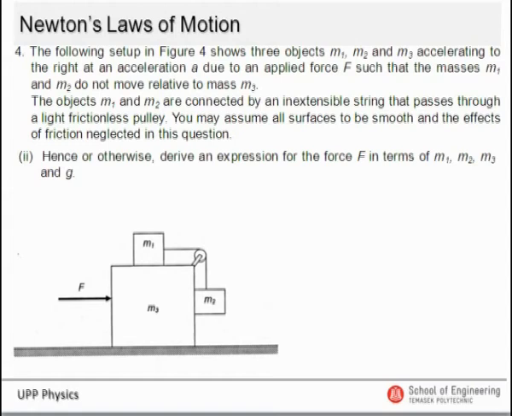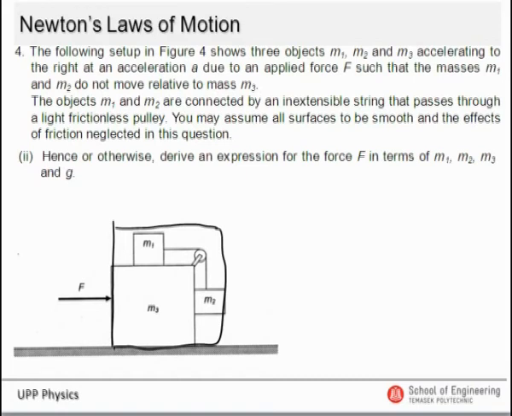This system consists of 3 objects, M1, M2, and M3. So I'm going to use a box to denote this system. So I just draw a box to box out this system. And I'm going to draw the forces acting on this system of 3 objects.